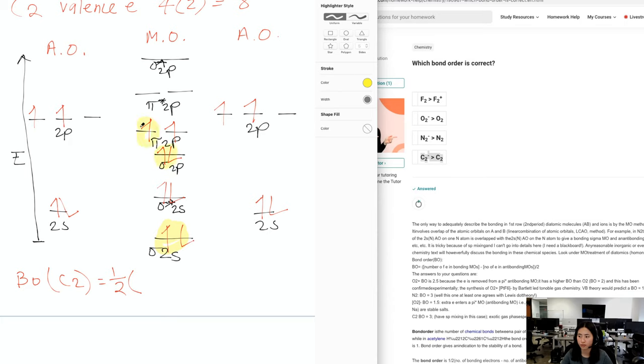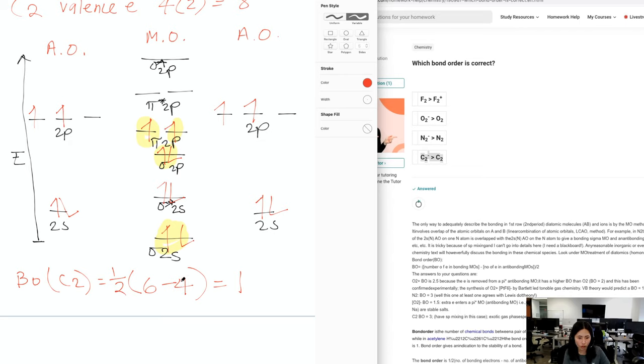Then you have 5, 6. So for carbon, there's going to be 6 for your electrons in your bonding orbital. And then for anti, that's just 4. So 6 minus 4 is 2 times 1/2, that's equal to 1. So bond order of C2 is equal to 1.